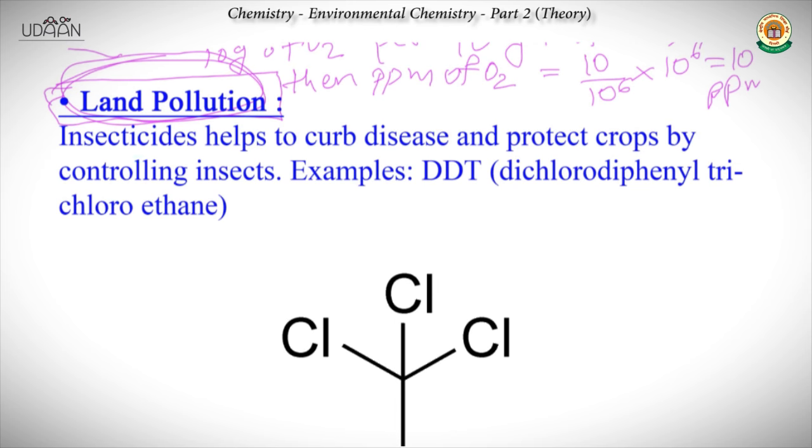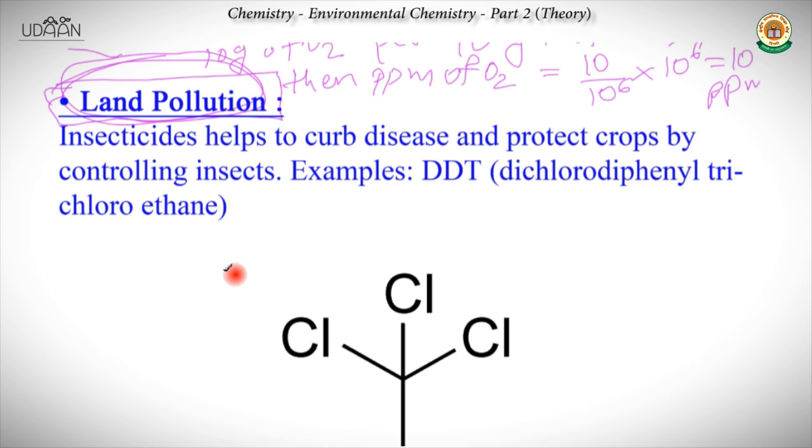Also, there is one term, that is the insecticides and pesticides which are sprayed upon the crops in the fields to prevent them from being infected by the insects. But what devastating consequences does spraying of such insecticides have on land?